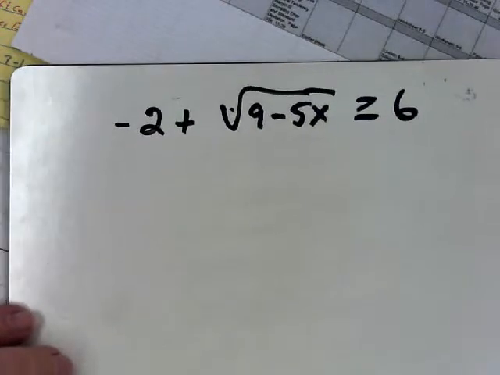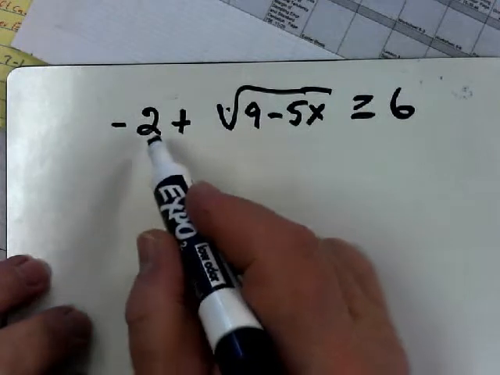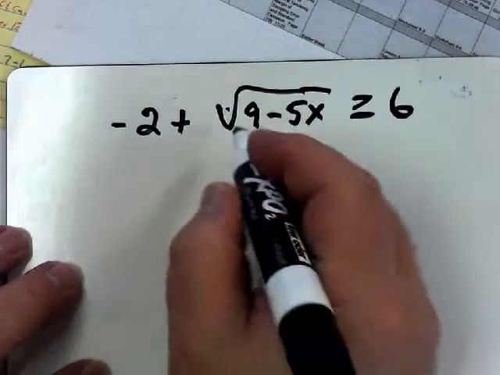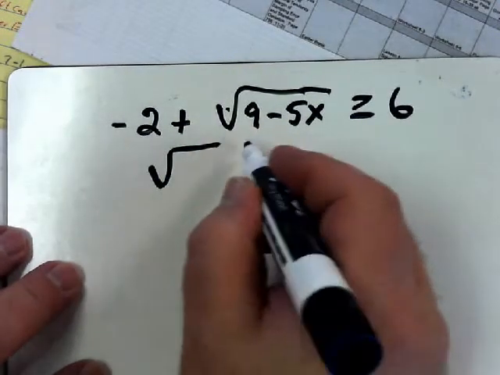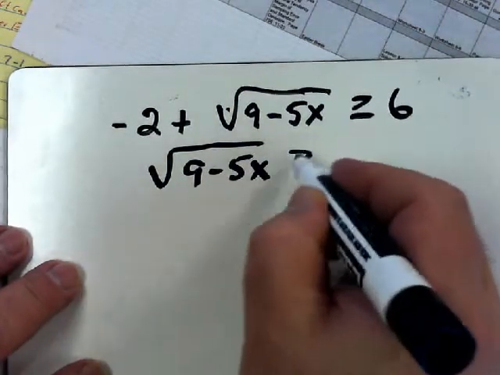So if I'm gonna solve this one, it's an inequality, correct? Yes. And just like an equation, I want to isolate the radical by itself, but remember I have a two-step thing here. The first step is to move the 2 over. So I'd have 9 minus 5x is greater than or equal to 8.